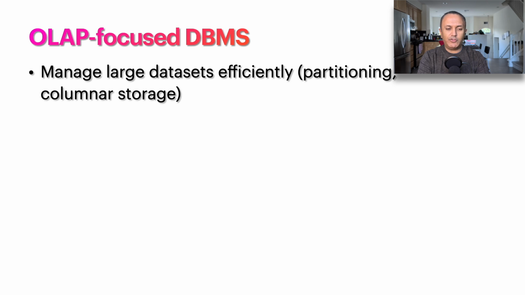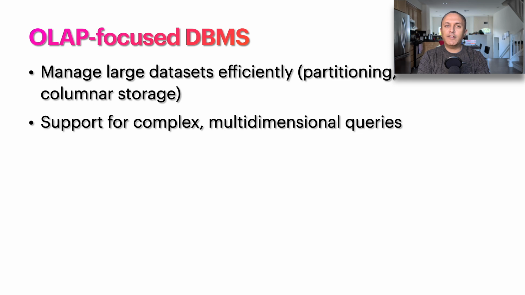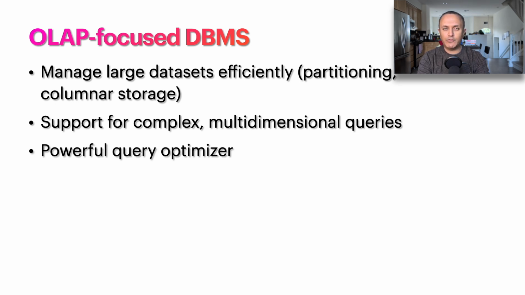For OLAP systems, we need to be able to manage large data sets efficiently, because we have all this historical data that we need to deal with. So we need things like partitioning or columnar storage and so on to be able to handle these huge data sets. The system needs to support complex and multidimensional queries, because this is the kind of queries that usually run in OLAP databases. And to be able to support that, it needs to have a powerful query optimizer.